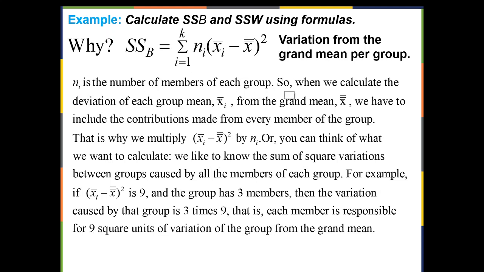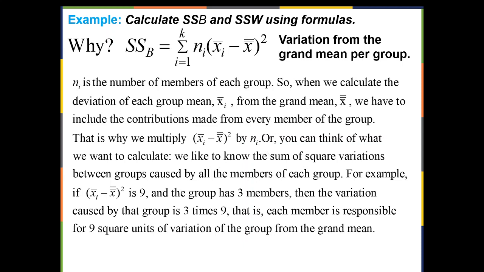When we calculate the deviation of each group mean from the grand mean, we have to include the contributions made by every member of the group. That is why we multiply (x bar for each group minus grand mean) squared by ni.